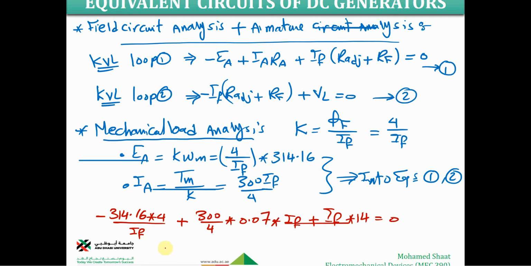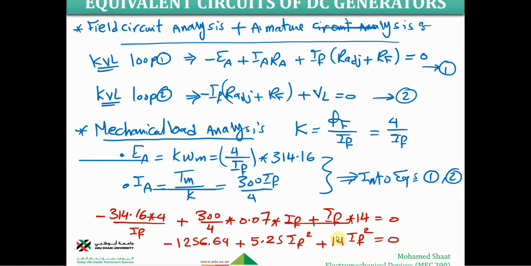So this at the end is going to give us a quadratic equation for IF: negative 1256.64 plus 5.25 IF squared plus 14 IF squared equals 0.